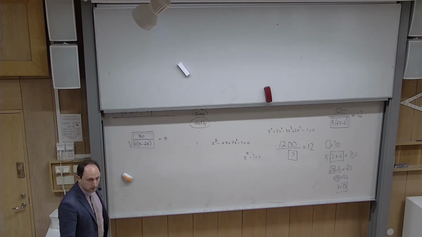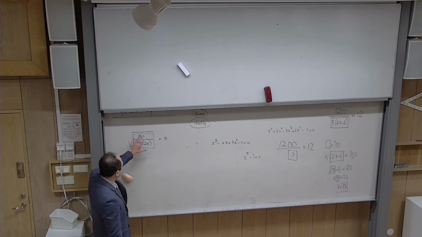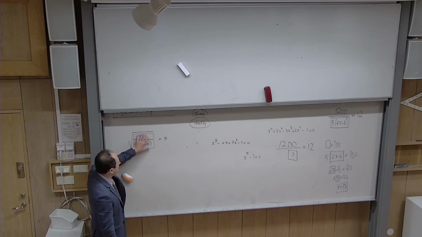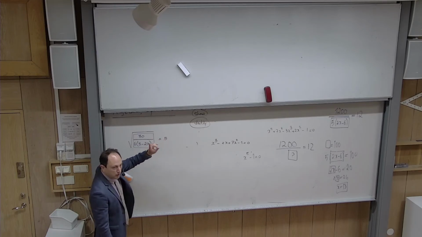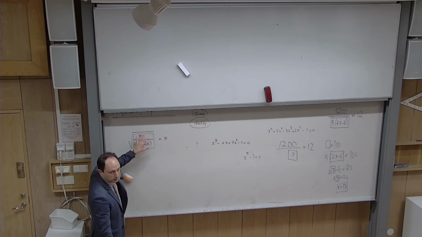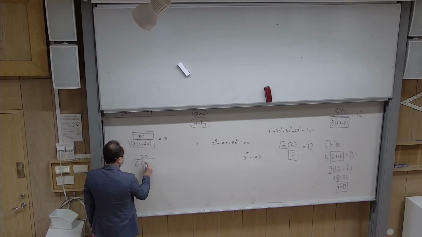Yes? So I am asking myself, do I know something about this? Yes, because the square root of that black box is supposed to be 5. There is only one choice for this box. What is that? 25.